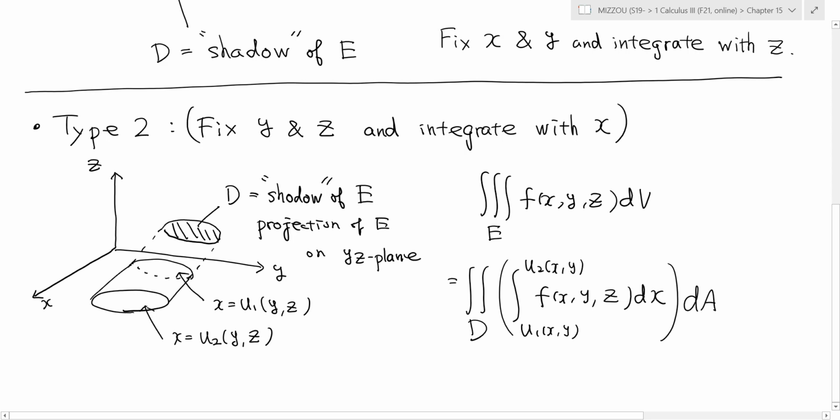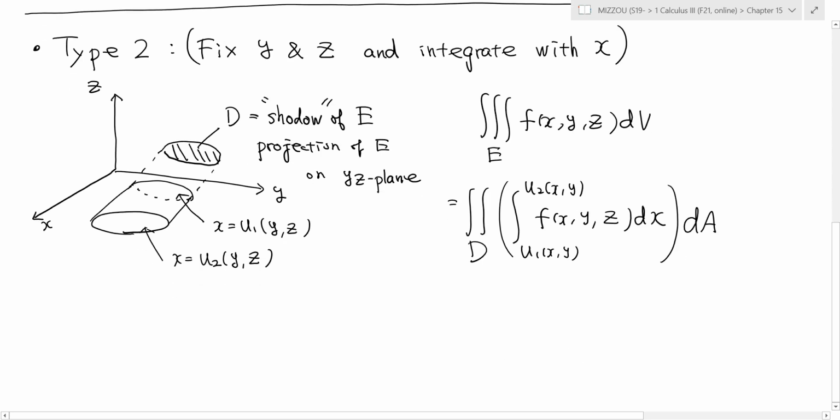So the idea is you fix y and z, and for each fixed y and z, your x value varies from u1 to u2 like this, and that's this integral. And then after that, you double integrate whatever you are left with over the shadow. So that's another scenario. That's the type 2 scenario.